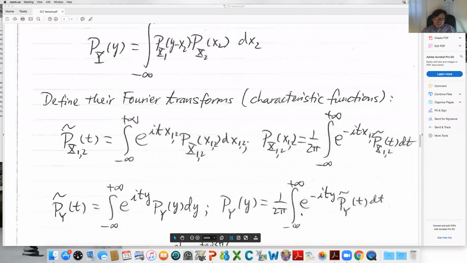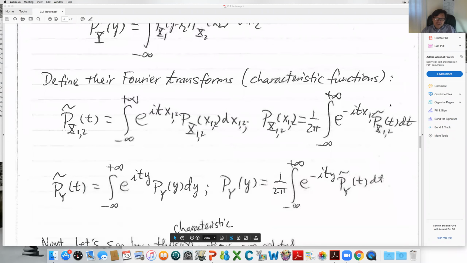Okay, so now having defined the Fourier transform and reverse Fourier transform, then I can ask what is the Fourier transform of y into the conjugate space. Okay, so then this is the reverse transform of y.